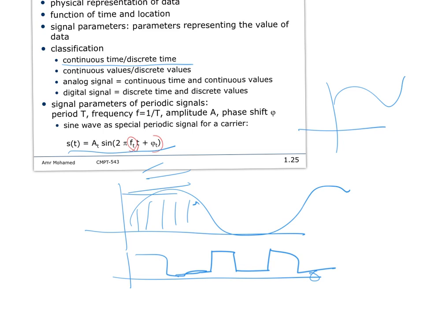And this signal, even if it has infinite impulses like this, the amplitude has discrete values. So you have four different combinations. It has discrete values in time, but the amplitude is continuous. So you have 4 combinations.